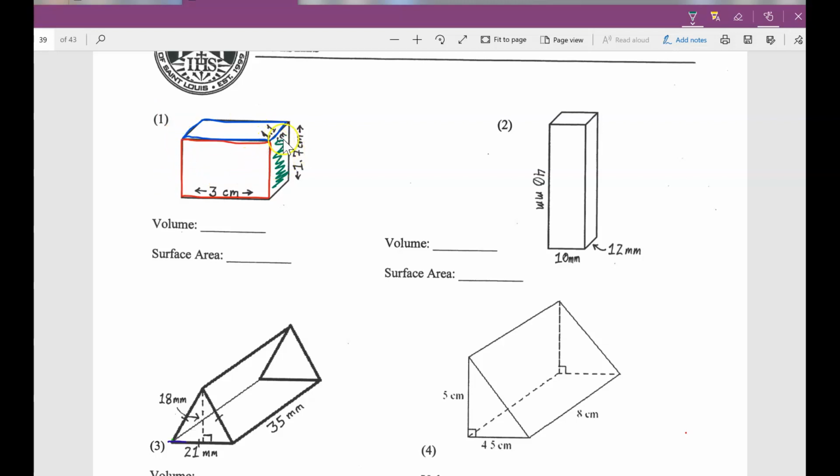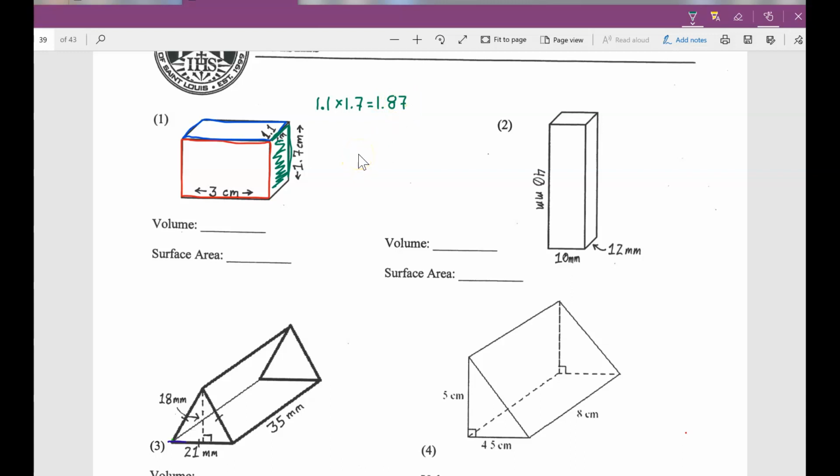How big is this face on the side? Well, across the top here, it's 1.1. And then the top to bottom here is 1.7. So plug that into your calculator, 1.1 times 1.7, and you get 1.87.